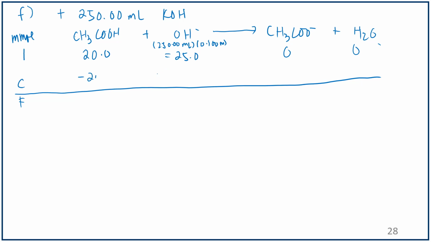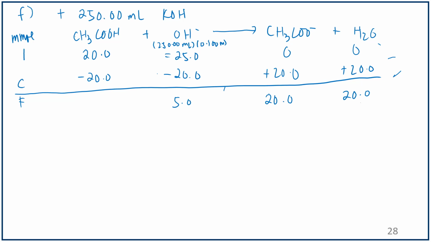So this one's minus 20, this is minus 20, this is plus 20, and this one's also plus 20. Then we'll have 5.0 millimoles of hydroxide. We have 20.0 millimoles of acetate ions as well.